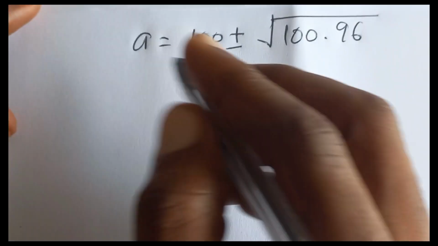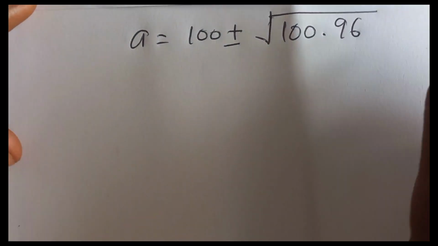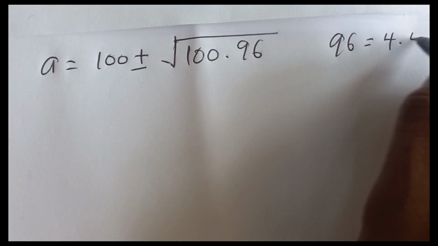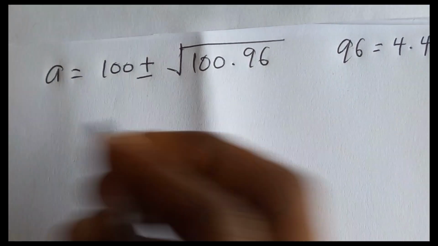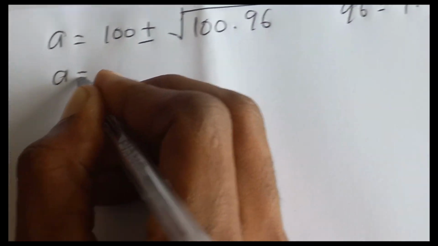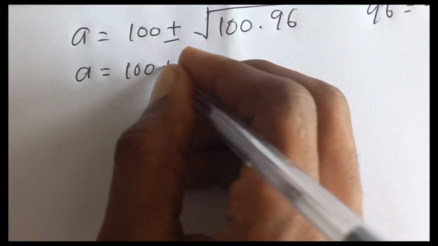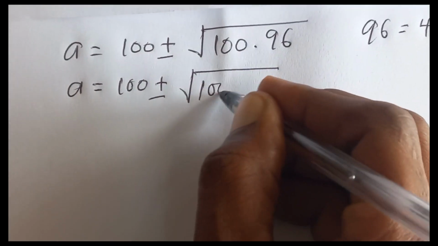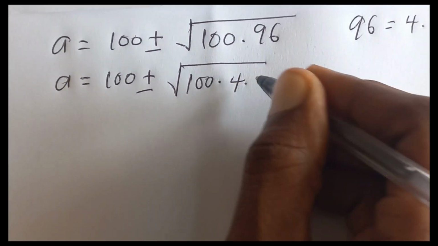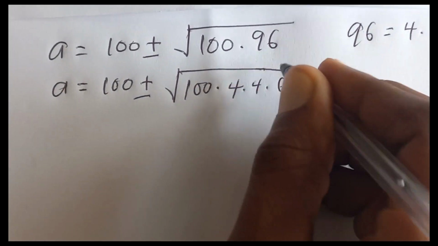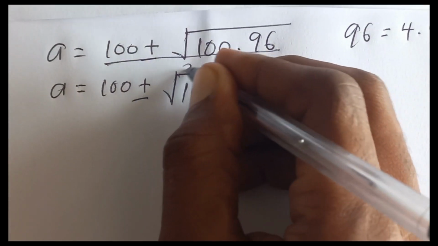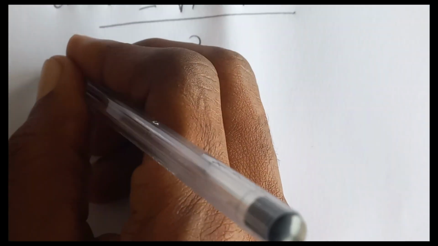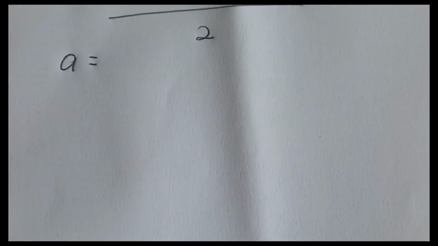So from here, you can say that this 96 is equal to 4 multiplied by 4 multiplied by 4 times 6. So we can rewrite our equation as 100 plus or minus root of 100 times 4 times 4 times 6 all on 2.